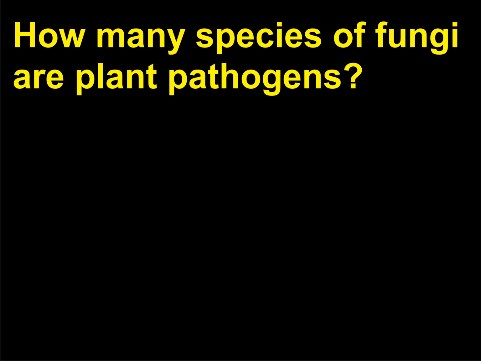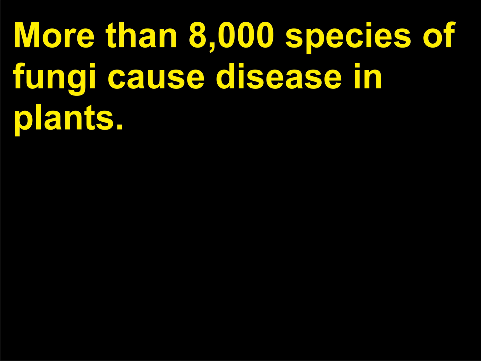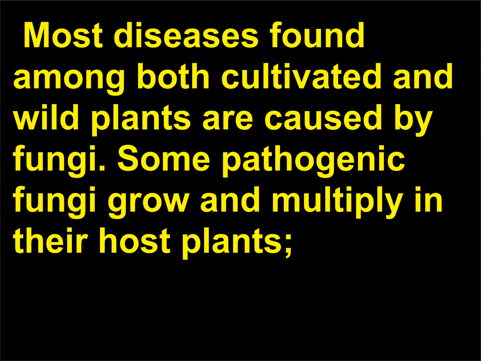How many species of fungi are plant pathogens? More than 8,000 species of fungi cause disease in plants. Most diseases found among both cultivated and wild plants are caused by fungi.